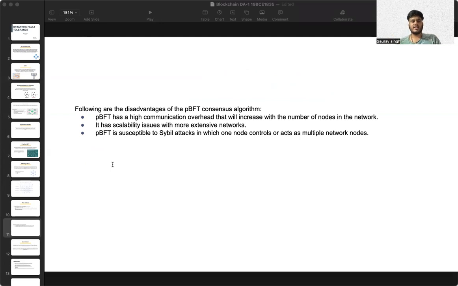It also requires a lot of communication between nodes at every step of the process because it has to reach a consensus. So the time that's taken can be a problem from a scalability standpoint. The time taken is a bigger disadvantage of the algorithm.